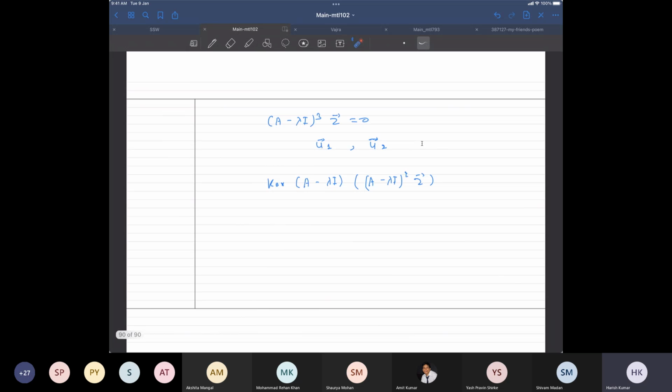Okay, just 1 second. Yeah, you're right. Let me give the proper argument for that case. Let us assume that lambda is 3 times repeated.